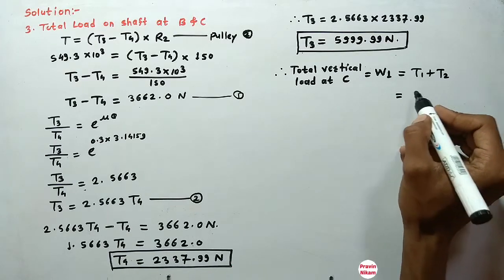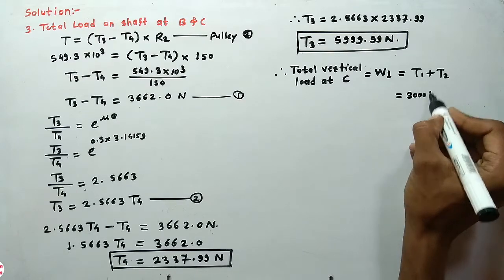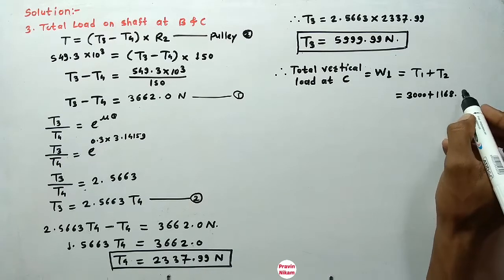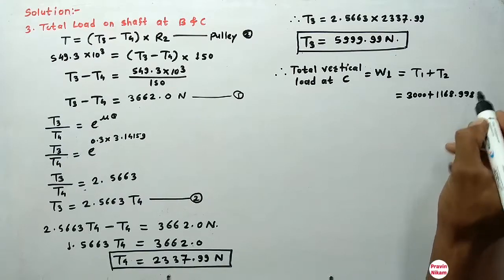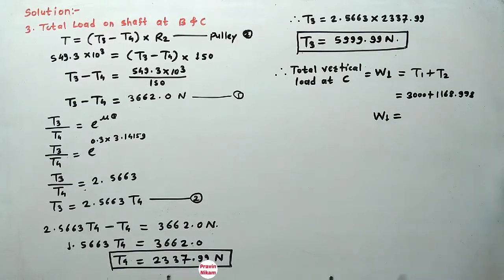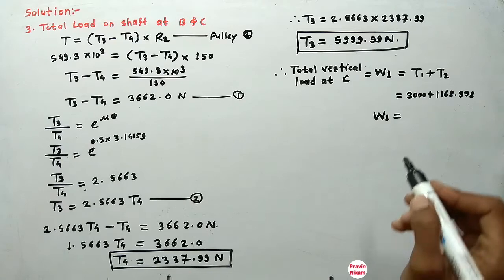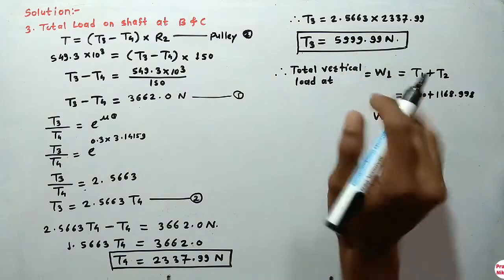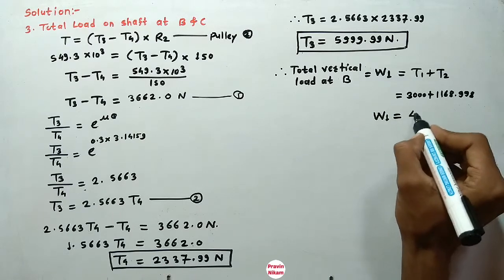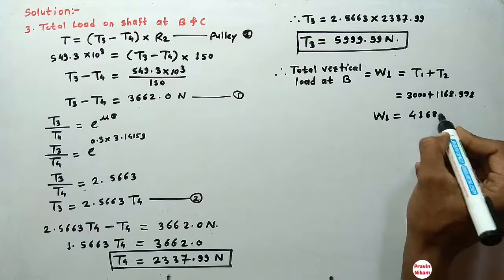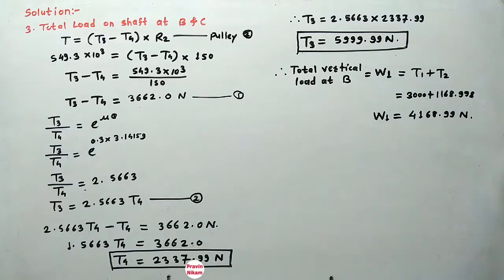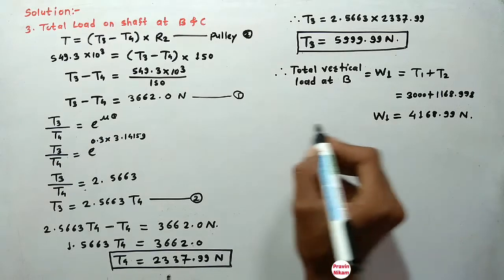We know that T1 is 3000 given in problem and T2 is 1168.998. So W1, that is total vertical load at point B, is equal to 4168.99 Newton.